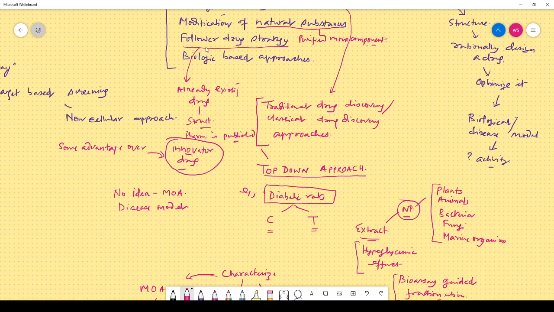Because the toxicity, everything is known. And so the company that embarks on a follower drug strategy has got greater chances of success with minimum investment. Then there are the biologic-based approaches, where we use a biological source to modify the drug.